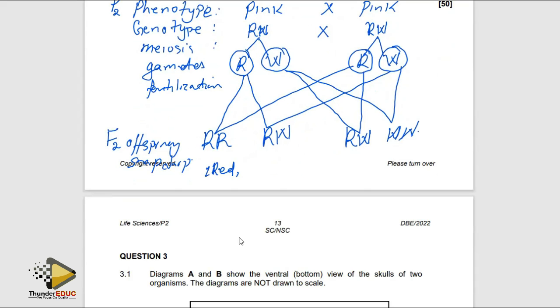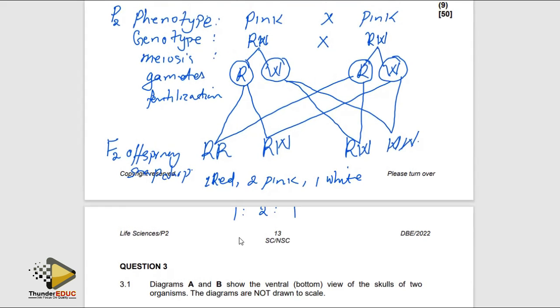I have capital R, capital W. It is pink. Capital R, capital W is pink. So I have 2 pink. And then now I have capital W, capital W. It's white. I have 1 white. So basically I have 1, 2, 1.